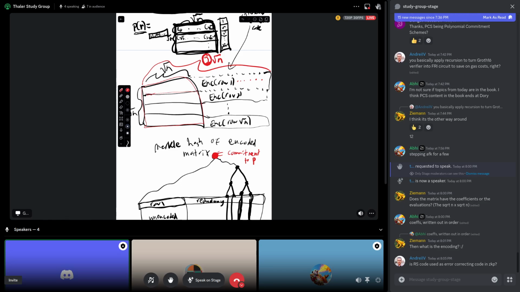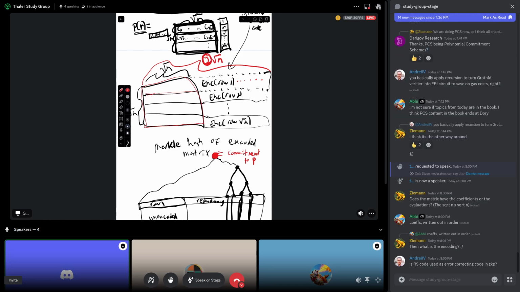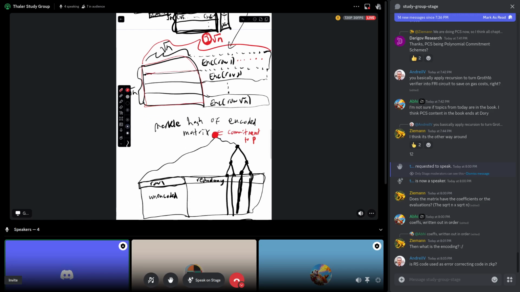Well, in some sense, the distance of the Reed-Solomon code follows from Schwarz-Zippel, or the univariate version of it, which is really just like the fundamental theorem of algebra or something. So it is the same thing, right? The Reed-Solomon code has very nice distance.